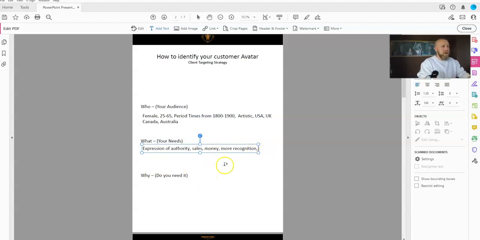I'm not going to go into it in massive detail here, but you really want to think deeply about this. What do you need out of this relationship? And it's not just money, guys. Of course, sales are great, royalties are good, money is fantastic. Building a business, that's the backbone of it, right? But there's a lot more to a customer relationship than just giving them something and expecting money in return.